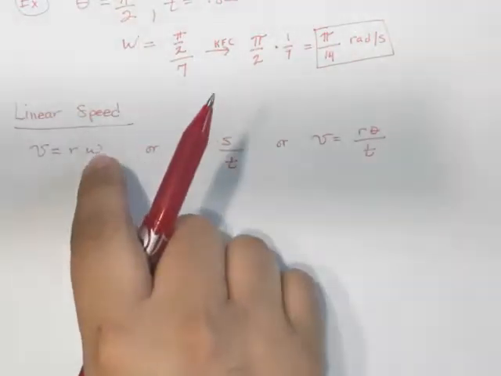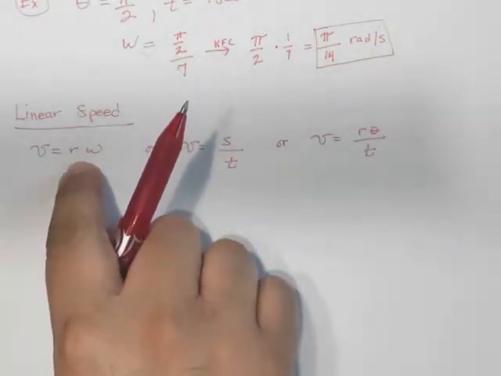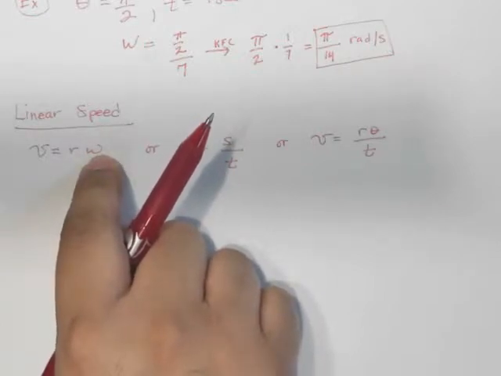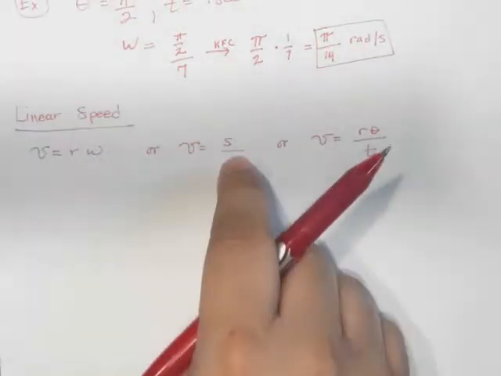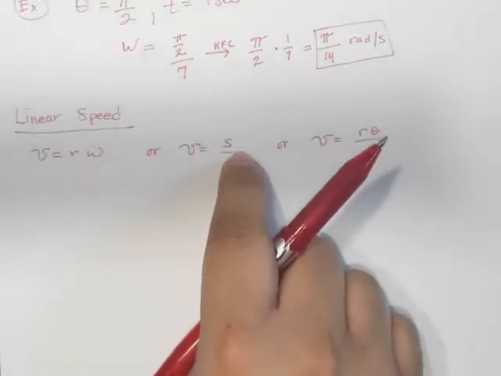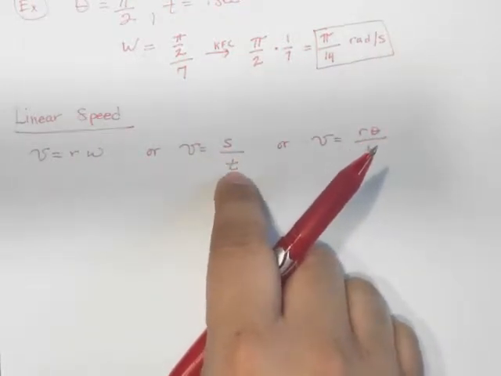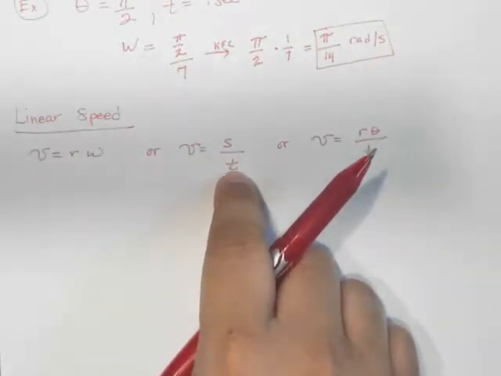So the linear speed is the product of the radius times omega, the angular speed. There's also another way to look at it, and this is if you take the arc length and divide it by the unit time. So that may be a possibility of a problem you may see.